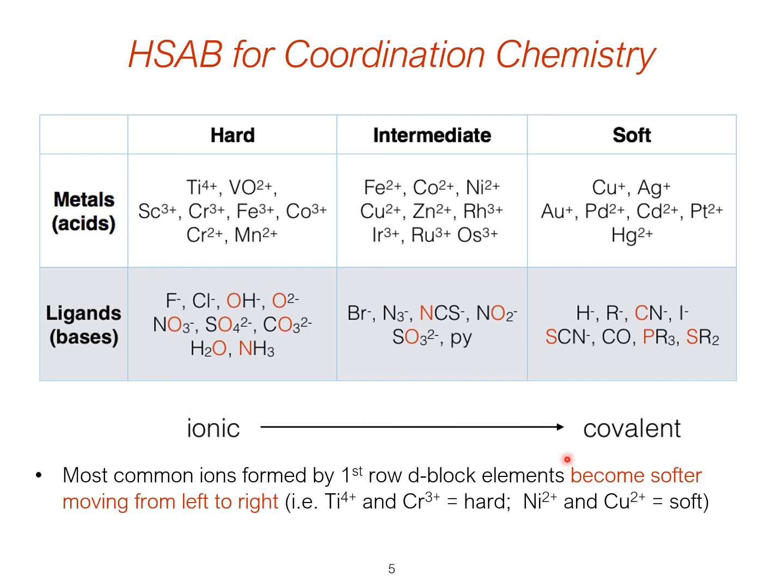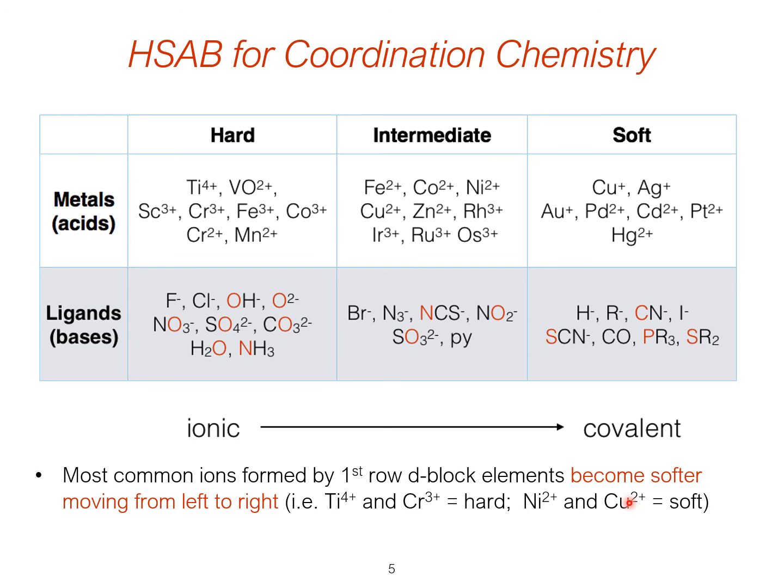And one thing to help you remember this is that the most common ions formed by the first row transition metals become softer as we go from left to right, so across the period. And if you think on the oxidation states, the trends I showed in, I think it was the second video for that one, we said that for the first 4 metals, their maximum oxidation state was quite easy to achieve. So that's why these are harder.